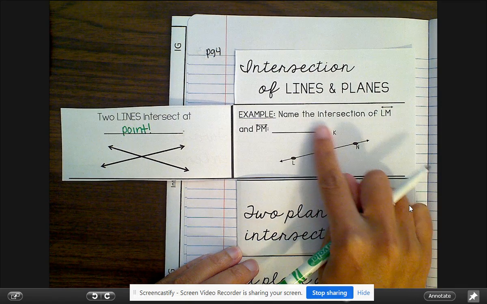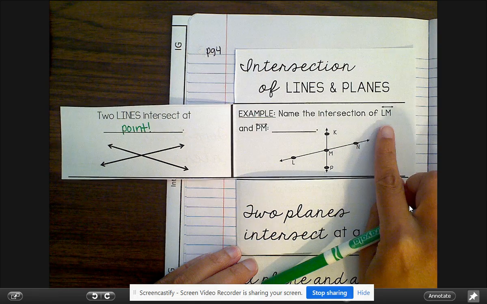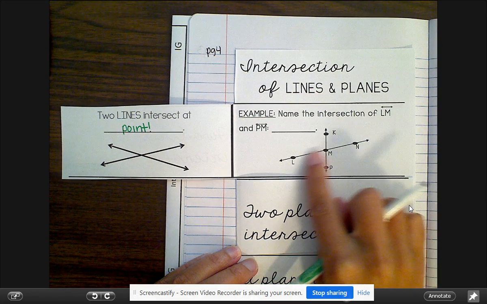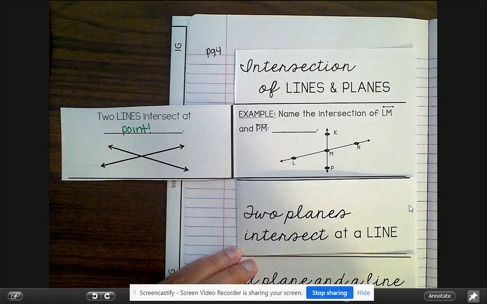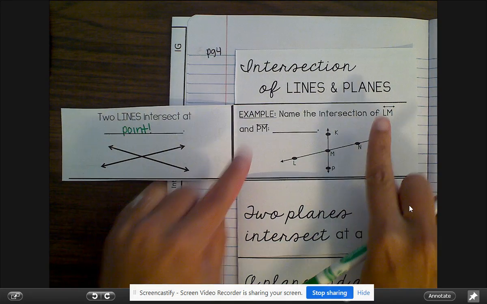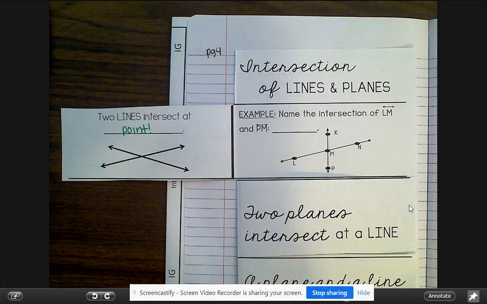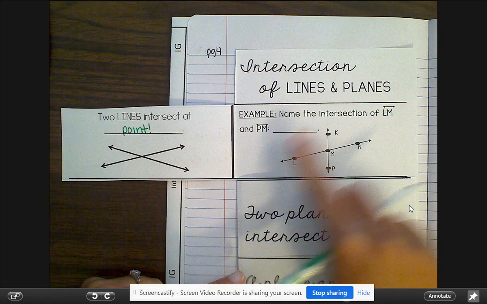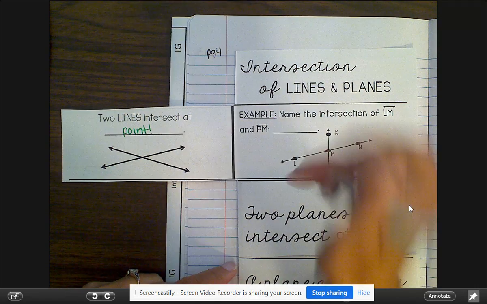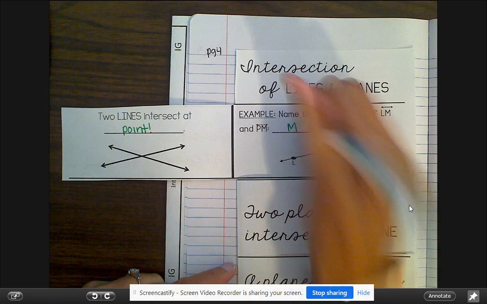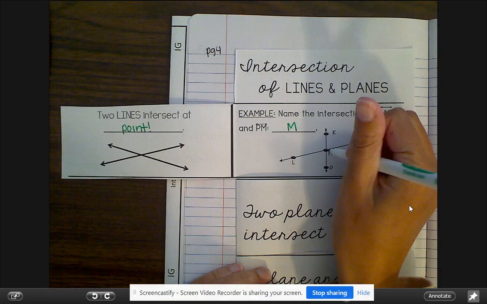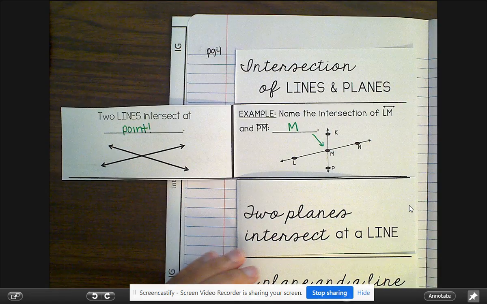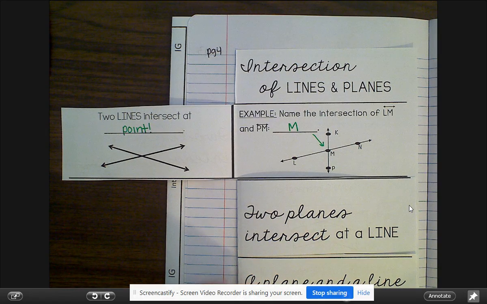So name the intersection of line LM, we could also call it that, and PM, we could also call it that because M is also on that. Now, because there are 2 lines, it will always cross at a point, and the point that these 2 lines are touching on is M. The way we name a point is just with an uppercase letter. So that's it. There she is.